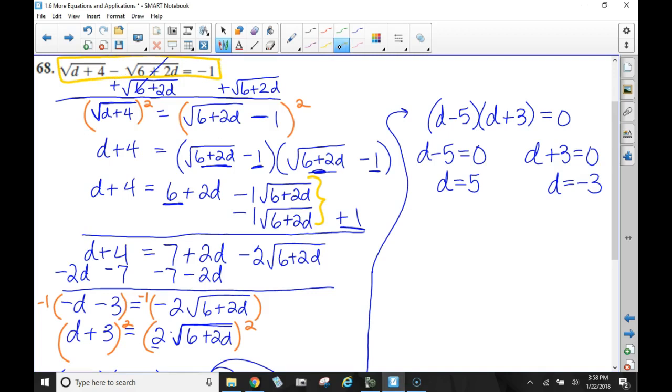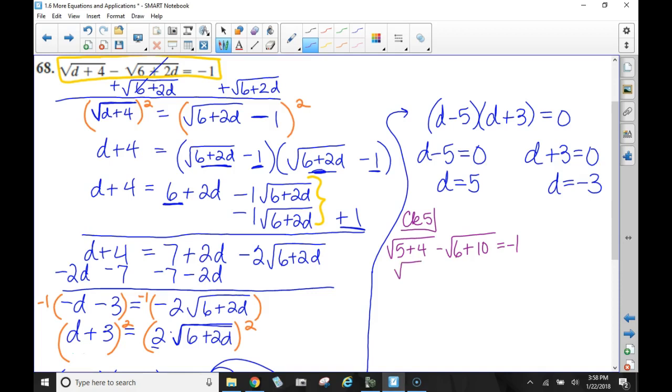I'll check in purple, I think. Let me check the 5 first. This will look like the square root of 5 plus 4 minus the square root of 6 plus 2 times 5, which is 10, equals negative 1.